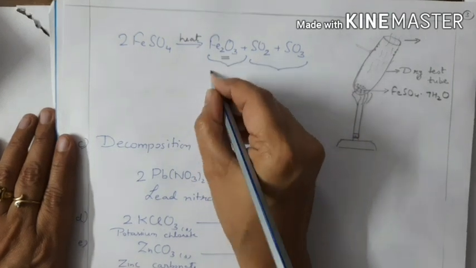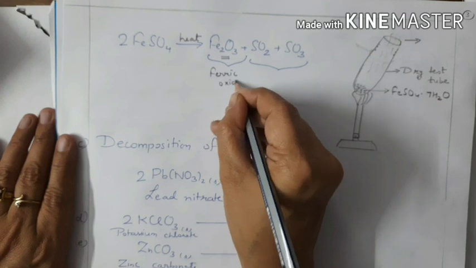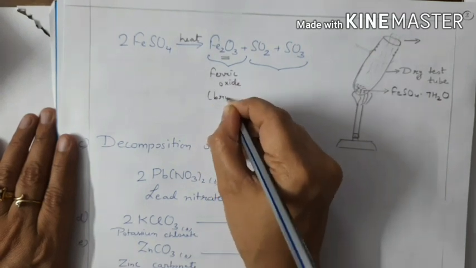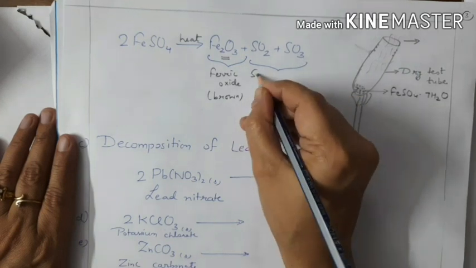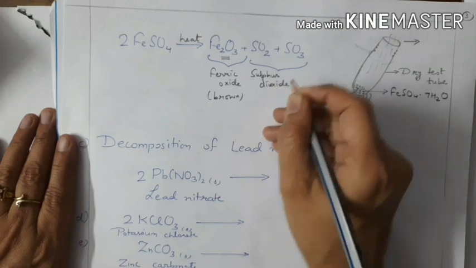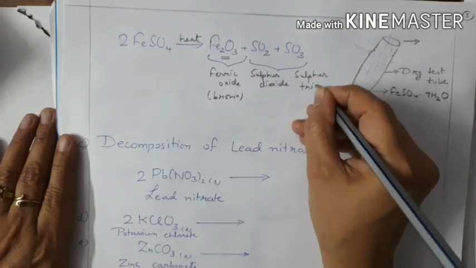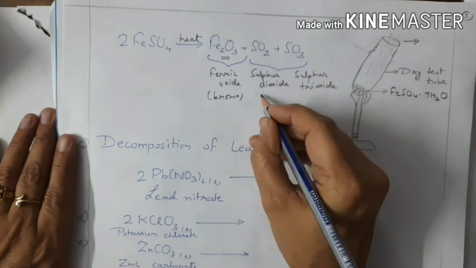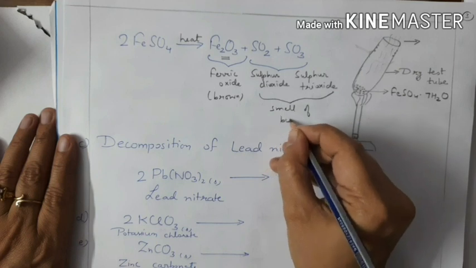One is ferric oxide, which is brown in color. Then 2 gases are evolved, sulfur dioxide and sulfur trioxide. Both these gases have the smell of burning sulfur.